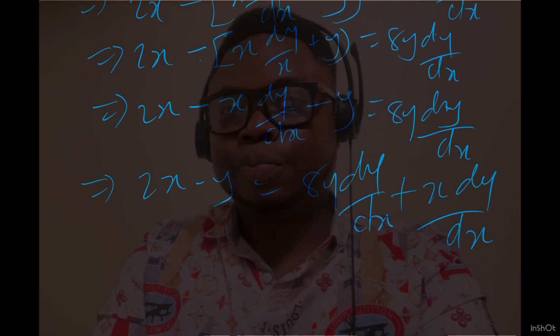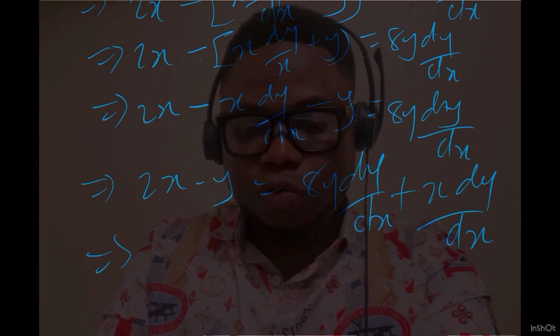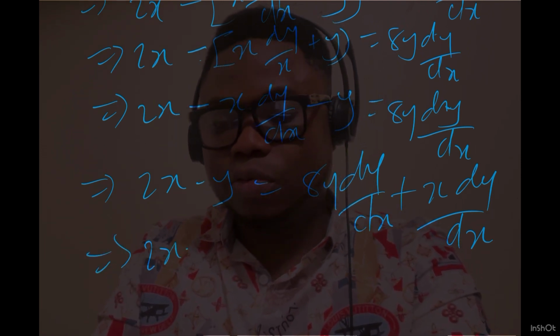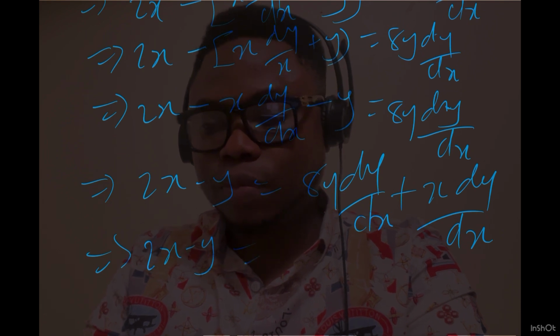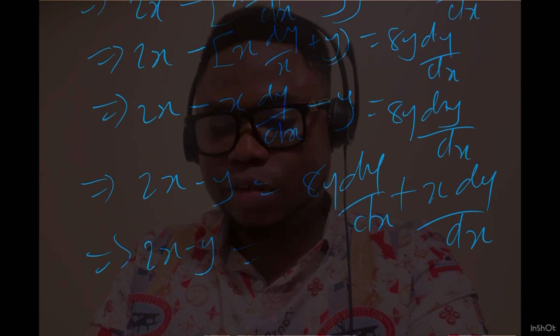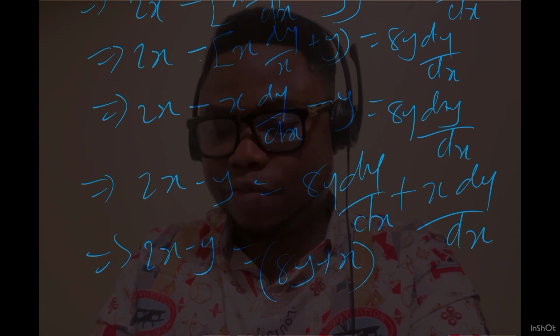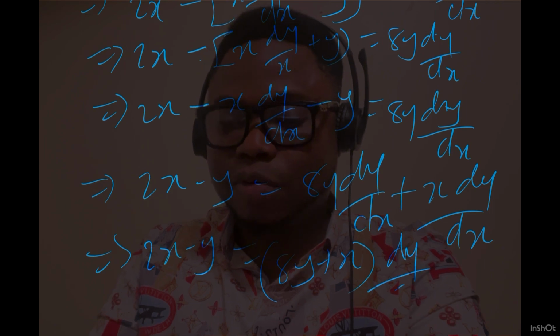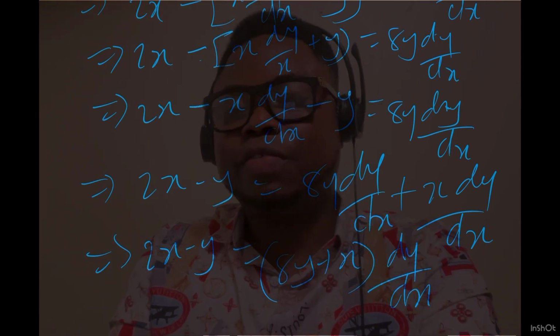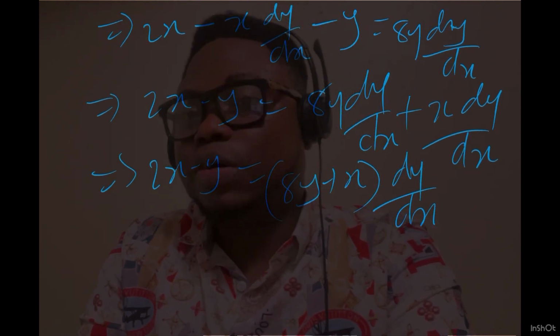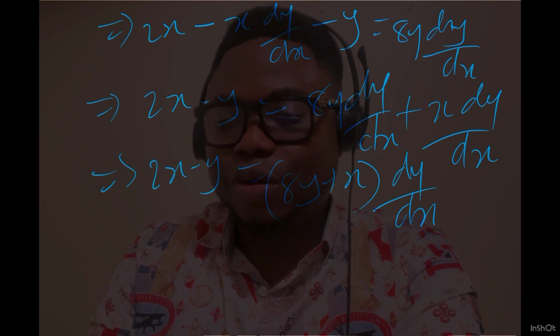So I'll have 2x minus y is equal to, so I'll factorize this. So I'll write 8y plus x, then I'll put bracket dy over dx. Because if I multiply the bracket again, I'm going to get 8y dy over dx plus x dy over dx.